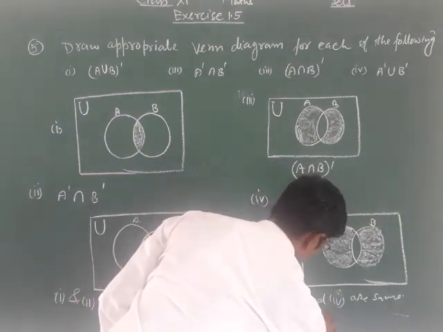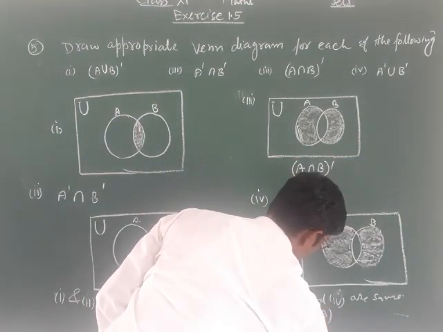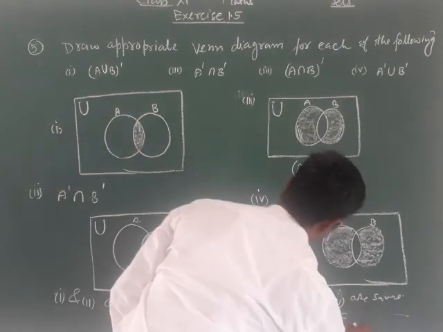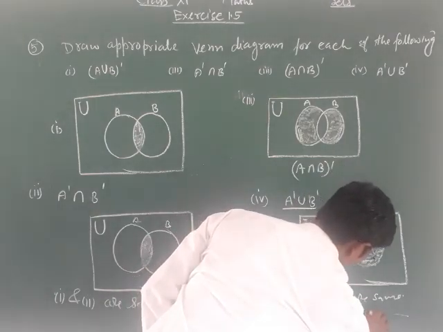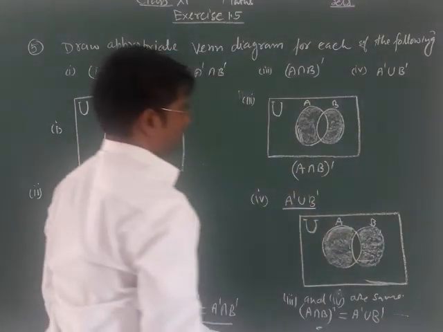A intersection B complement is equal to A dash union B dash.